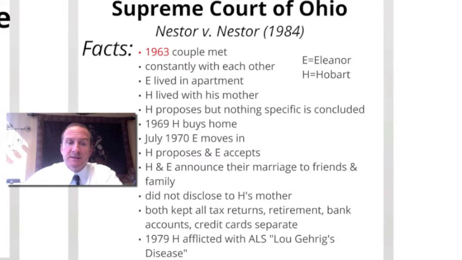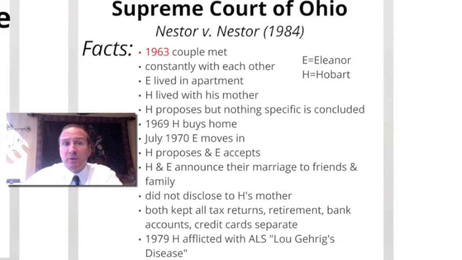This is a debilitating disease that relatively moves quickly, in about a 2-year span. However, during this time period when Hobart is fighting this disease, Eleanor is there assisting him between 1979 and 1983.